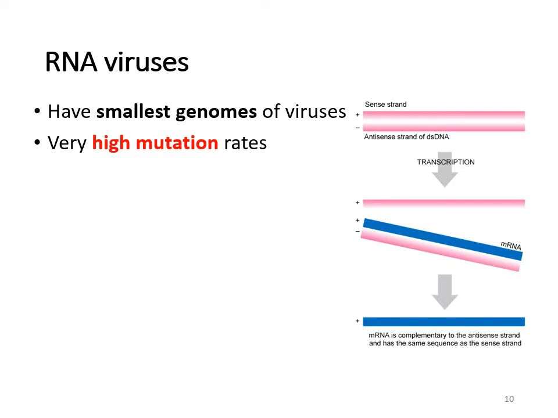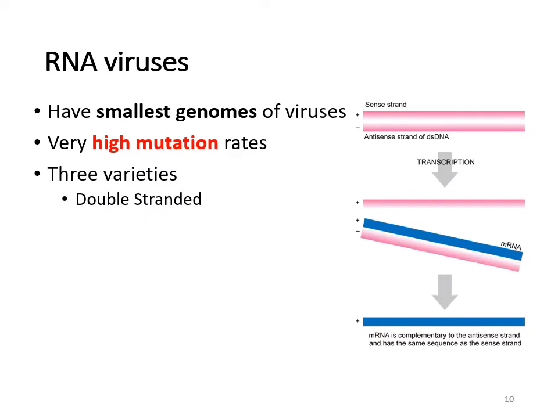It also means that it's very difficult to produce vaccines sometimes for certain ones if they're replicating too fast and having too many mutations. A lot of them we have now developed vaccines for, but it takes quite a bit of effort for the RNA viruses.